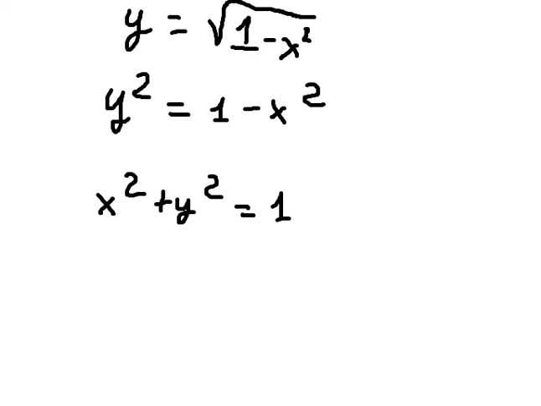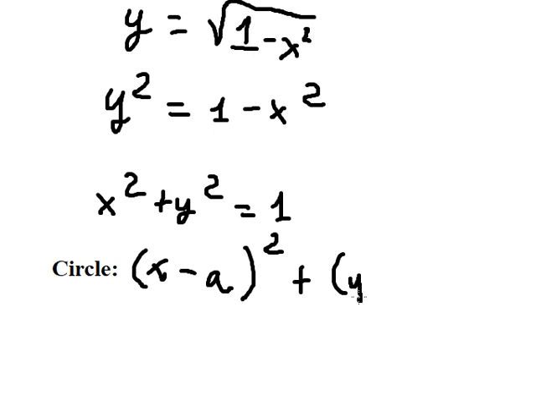So we use about the formula of the circle. That should be about x minus a to the power of 2 plus y minus b to the power of 2 equals r squared.